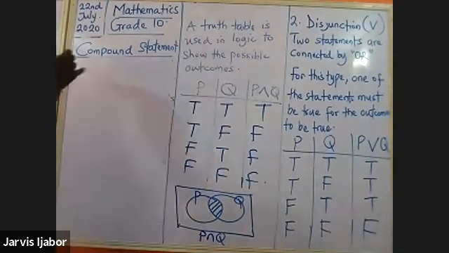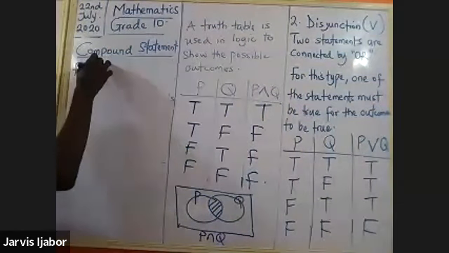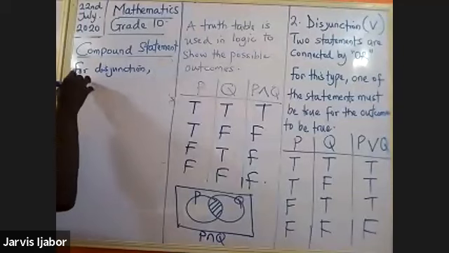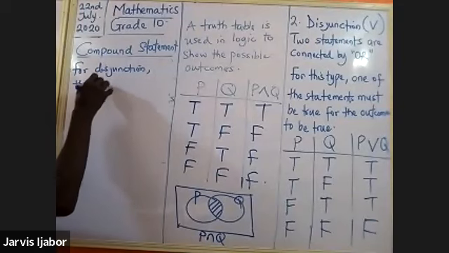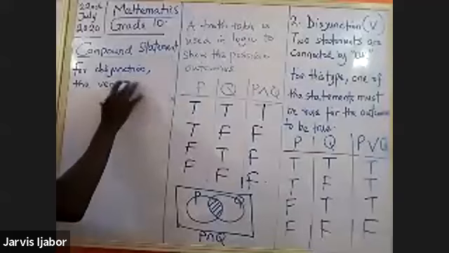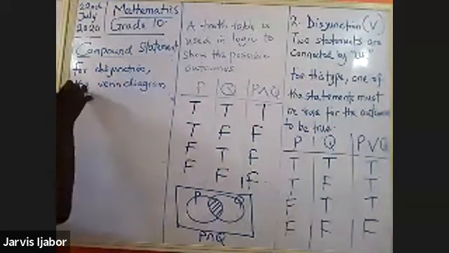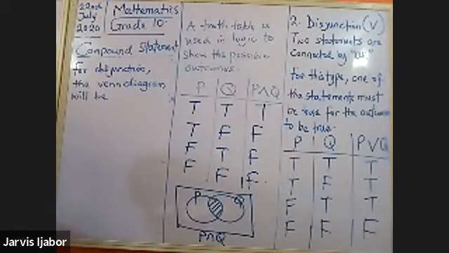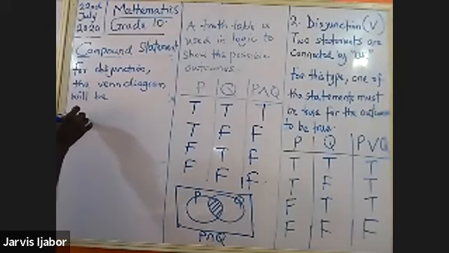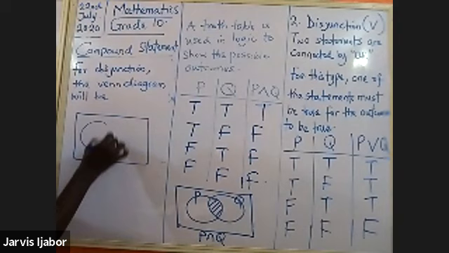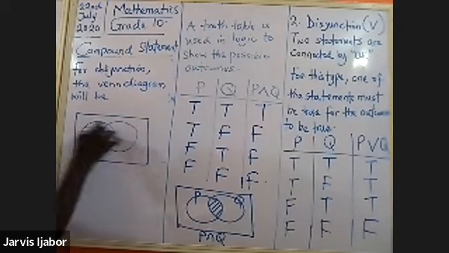For disjunction, the Venn diagram will be what? It will be all of this.